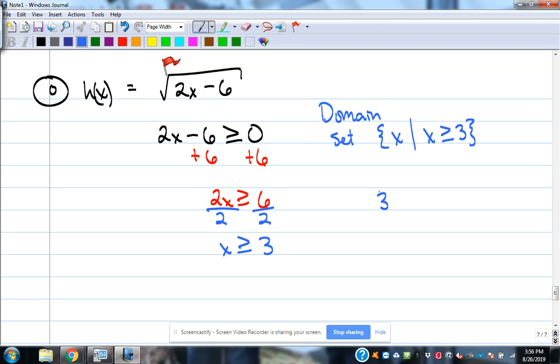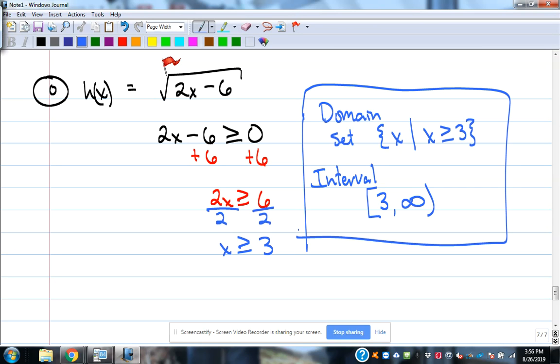The equal to symbol. So we're going to use a bracket right there beside the 3. And then it says that all the x's are greater than that, so we're going to go toward positive infinity. So there's the interval notation for that. You get the set notation and the interval notation for the domain there.